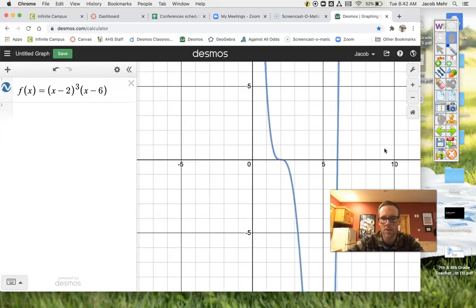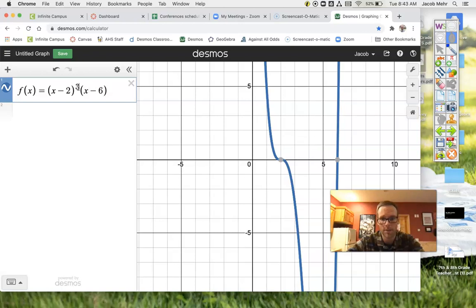And we see x minus 6, it just flies right through that x-axis. But where this x-intercept of 2 is repeated 3 times, it acts like a cubic function. It comes down and, what I call it, snakes through. It starts to change the concavity. It goes from concave up to concave down, kind of like an x cubed function.